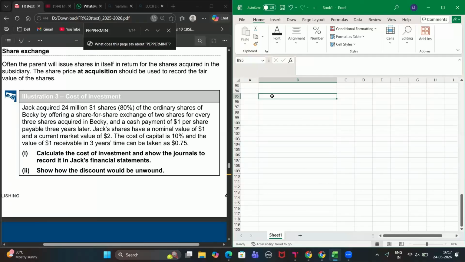So first of all, we have to find the fair value of consideration, or cost of investment. In order to find the cost of investment, we have to find the fair value of consideration. So what is the fair value of purchase consideration here?